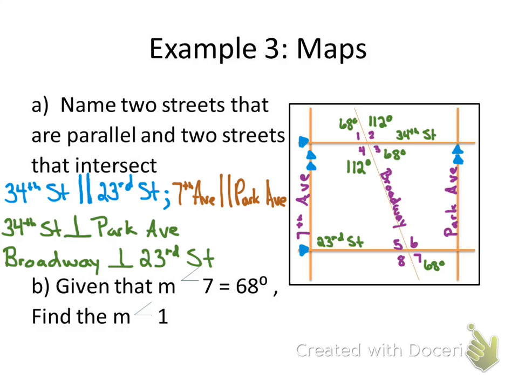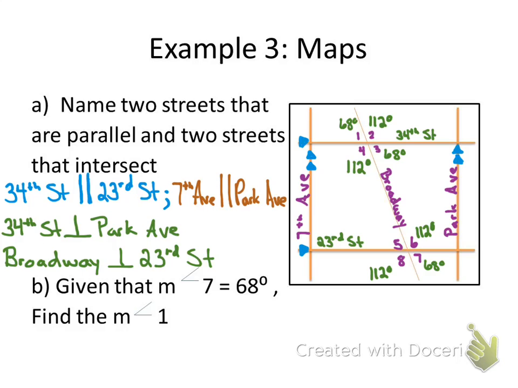All right. Well, if angle 2 is 112, what's angle 6? 112. Why? What type of angle is it? Vertical. No. Corresponding. Angle 2 is in the same position as angle 6, just on different intersecting points. Well, if angle 6 is 112, what's angle 8? 112, and what type of angle is that? Vertical.